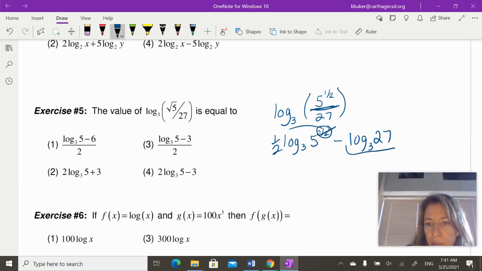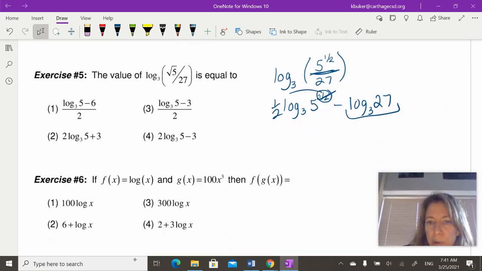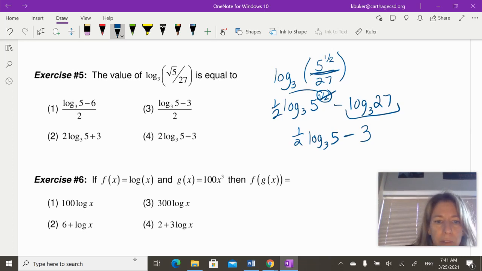And I'm going to evaluate this because I know 3 to the third power is 27. So right now I have 1/2 log base 3 of 5 minus 3. Oh, I don't see my answer here. Well, I know that this is not going to be equivalent, because 1/2 log base 3 of 5 minus 3 is not equivalent to 2 times that. That's not it.